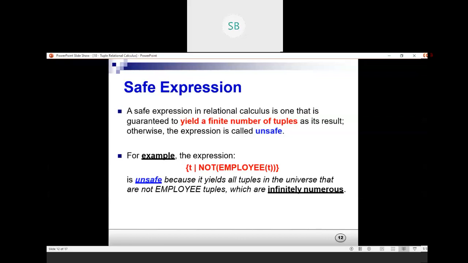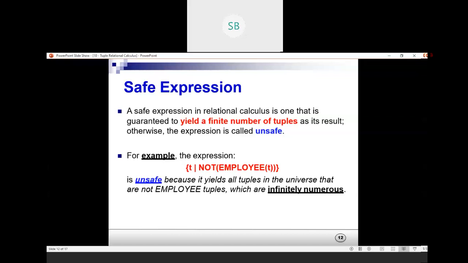So when we mention not Employee of T, it will not print the tuples which are present in Employee of T. It will retrieve all the tuples from the other tables. So that can be infinite. That is why this kind of expression is known as unsafe. Clear? Safe and unsafe?